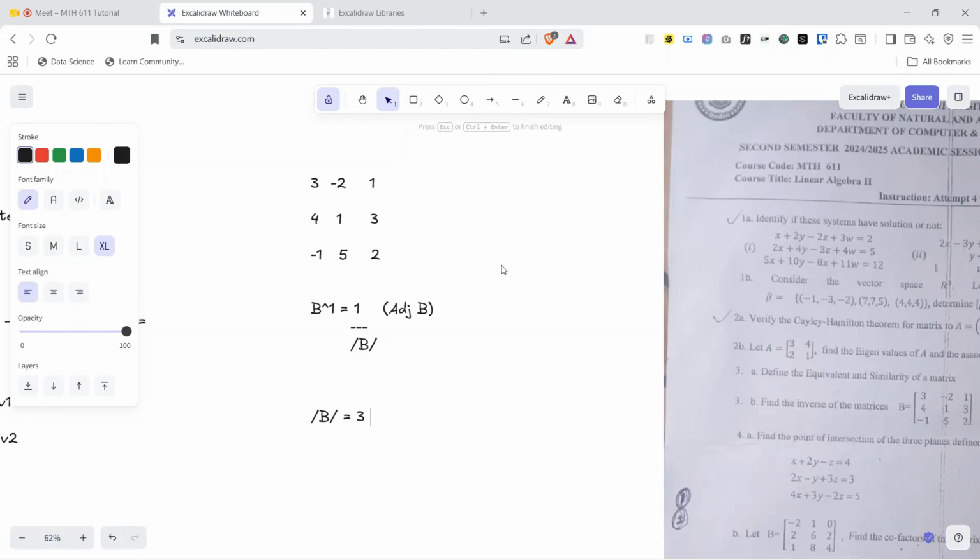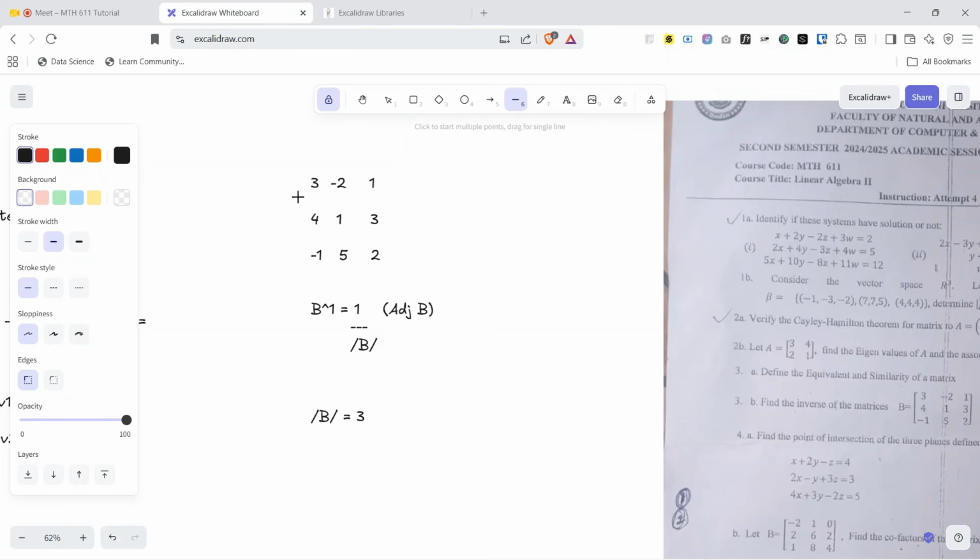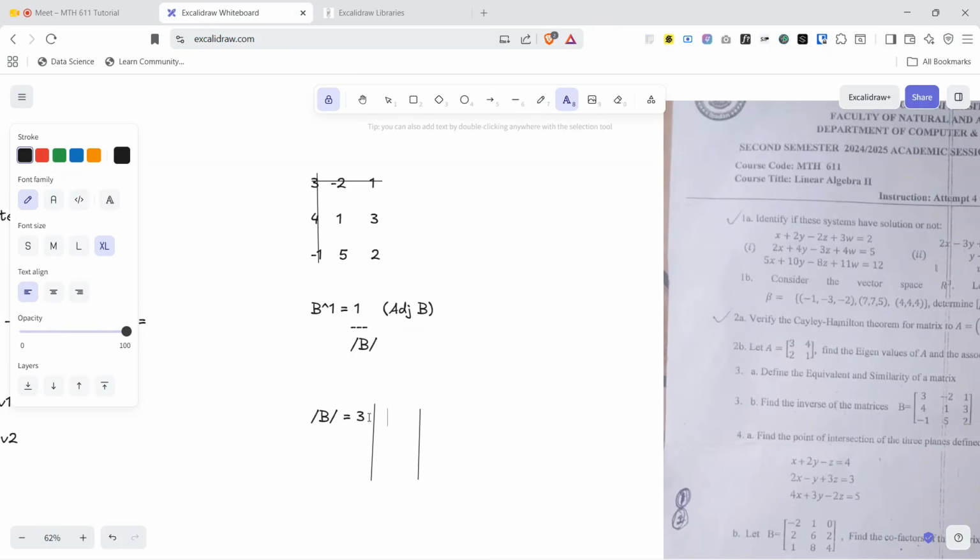So that would be 3 into the determinant of 1, 3, 5, 2.